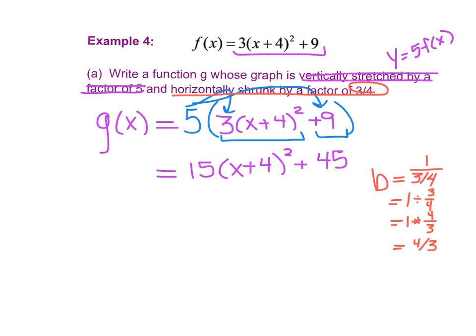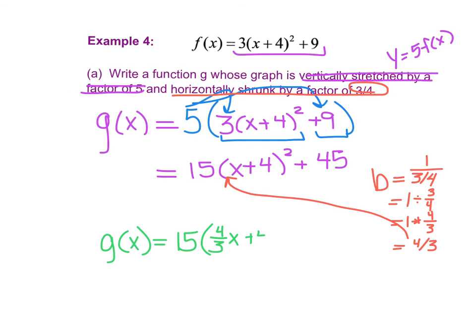So this b value, in order to perform that horizontal shrink, is going to go right here in front of the x. So our final equation here is g of x is equal to 15 times 4/3 x plus 4 all squared plus 45.